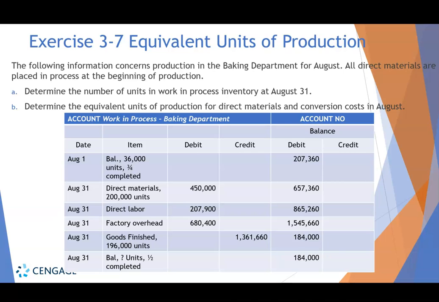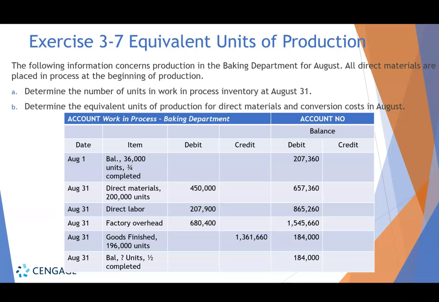We show our direct labor, we show our factory overhead, and then we show 196,000 units were transferred out. We show a credit there of $1,361,660. And then we have an ending balance, and we need to figure out what we're showing that to be in our ending in process.